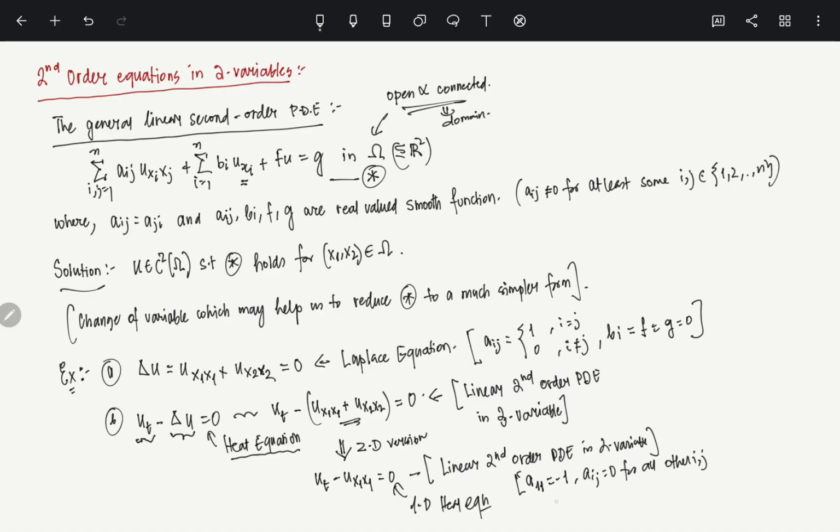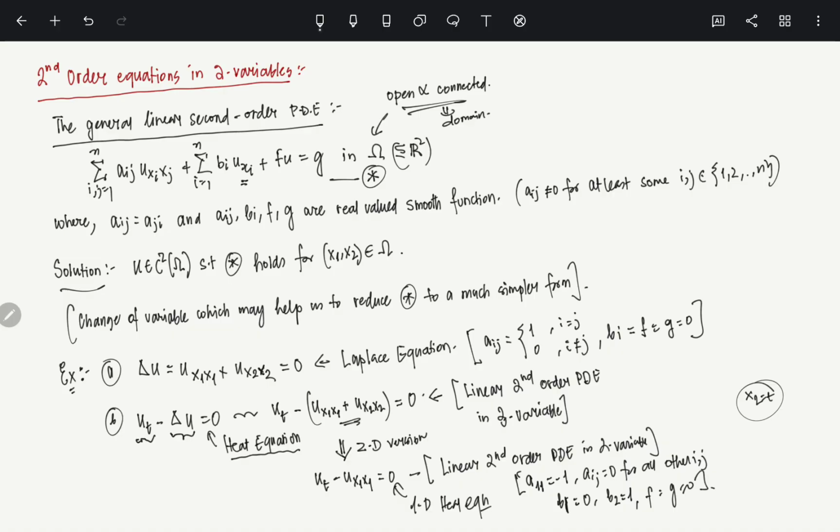Moreover, for BI, B1 is equal to 0 and B2 is 1. If B2 is 1, then you have u x2, or ut if you want. Here I am writing x2 as t, and of course f and g are equal to 0.